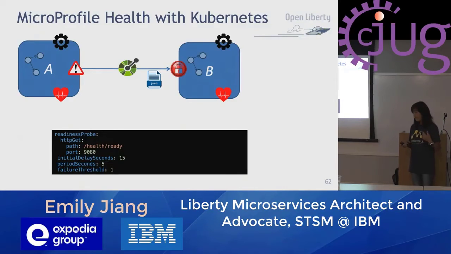Or if you are not ready, you can tell the cloud infrastructure you are not ready. In Kubernetes there is something called a readiness probe. Kubernetes can poke the URL /health/ready, and if you return down, Kubernetes will automatically kill this pod and then stand up a new one.